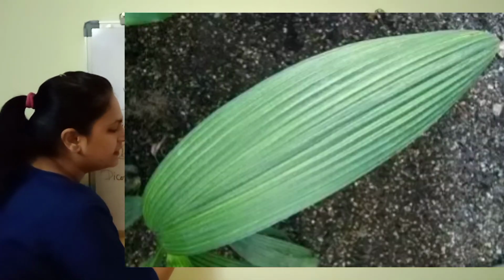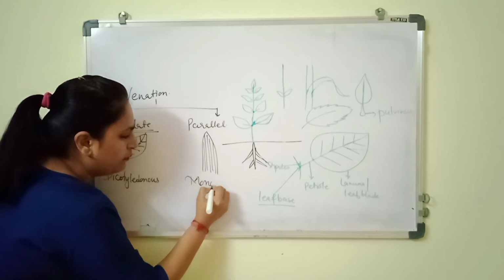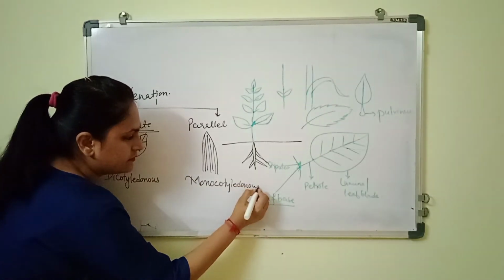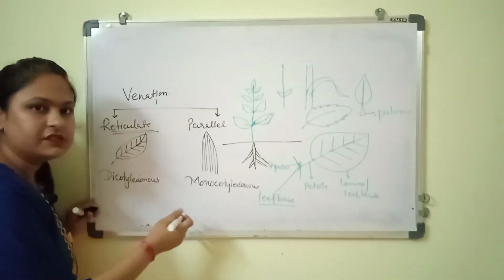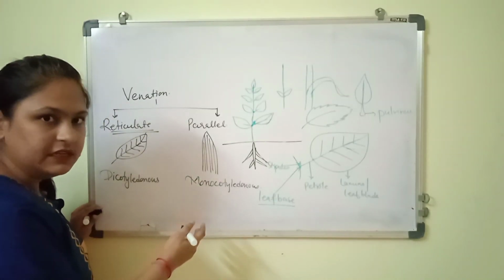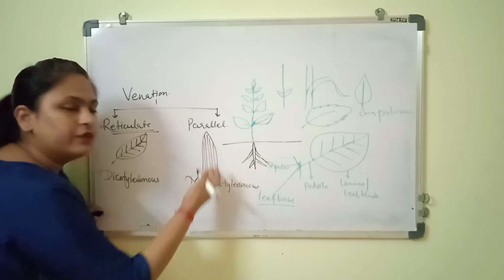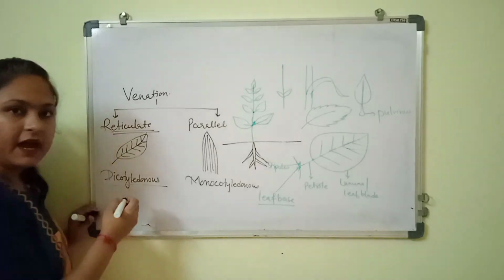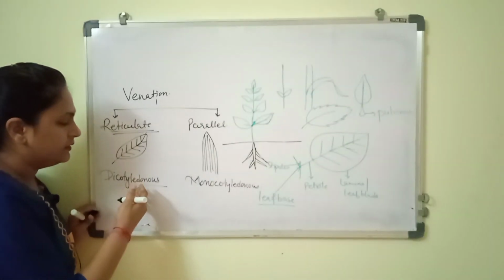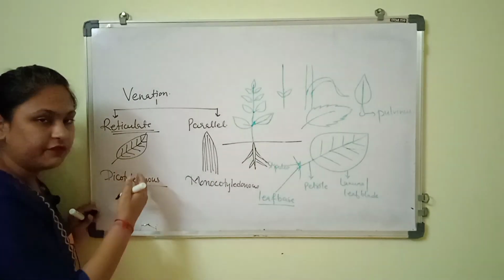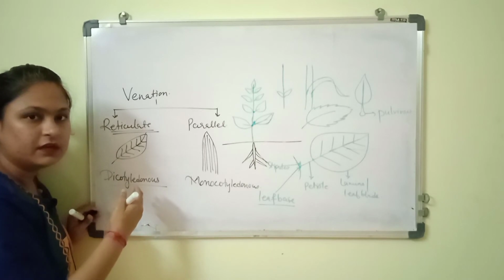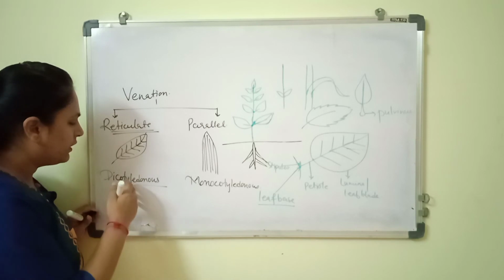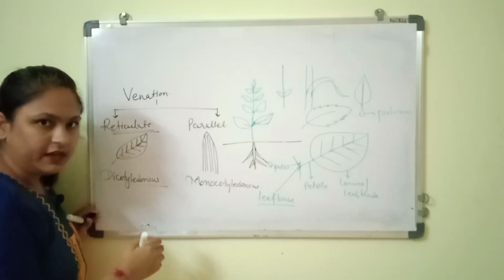Parallel venation is seen in the monocotyledonous plants, such as maize, jowar, bajra, wheat; all those show parallel venation. And the different dicotyledonous plants, such as mango and hibiscus, show reticulate venation.